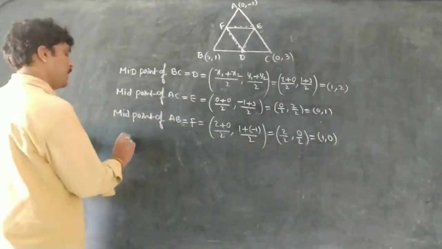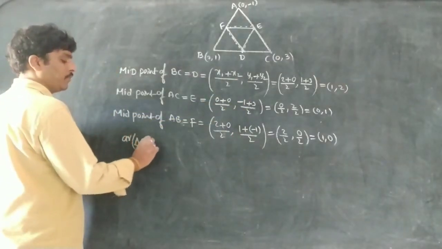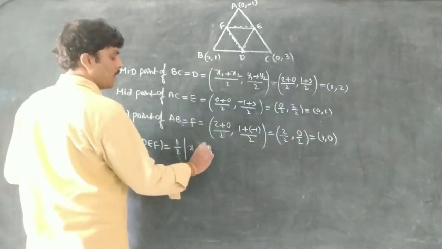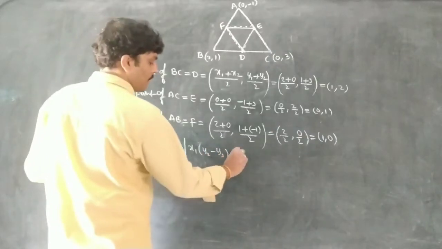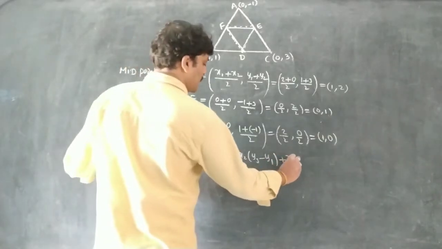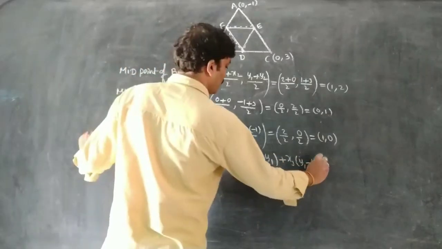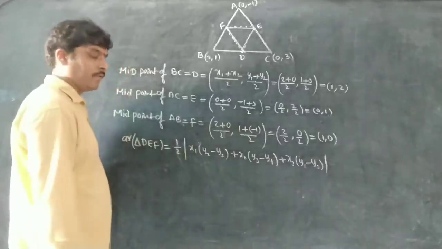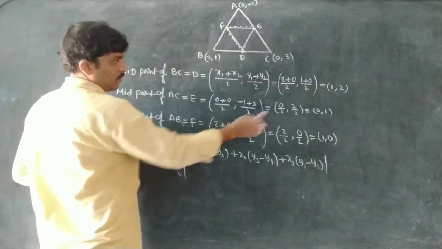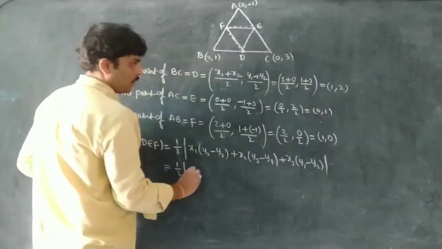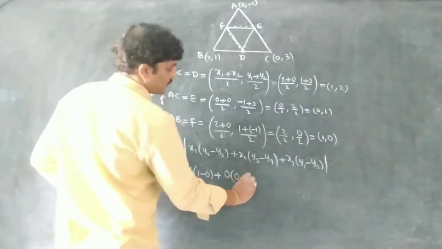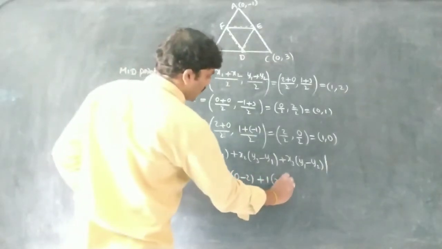Now find area of triangle DEF. Half of modulus x1 into y2 minus y3 plus x2 into y3 minus y1 plus x3 into y1 minus y2. This is the formula to find area of the triangle. X1 means here you see these 3 points, 1 into 1 minus 0 plus 0 into 0 minus 2 plus 1 into 2 minus 1.